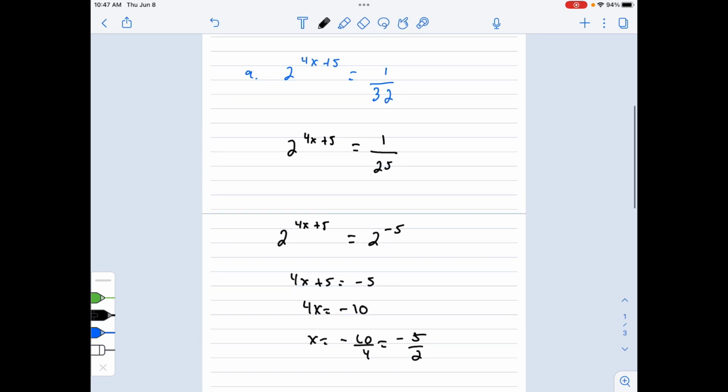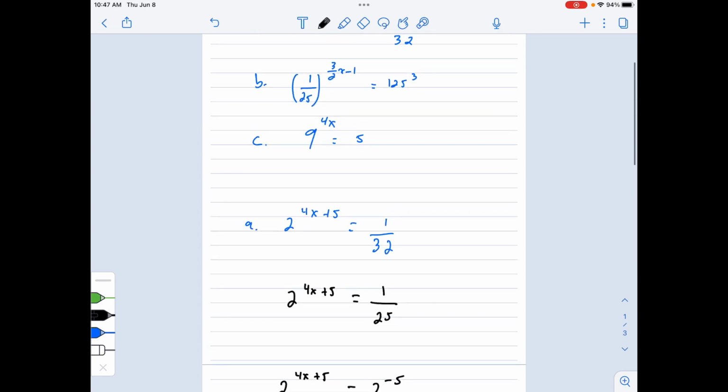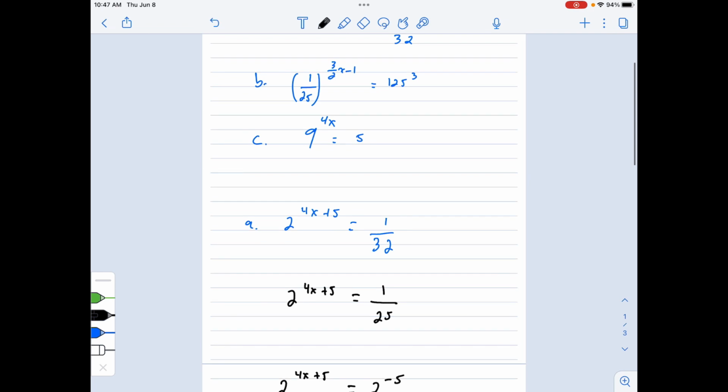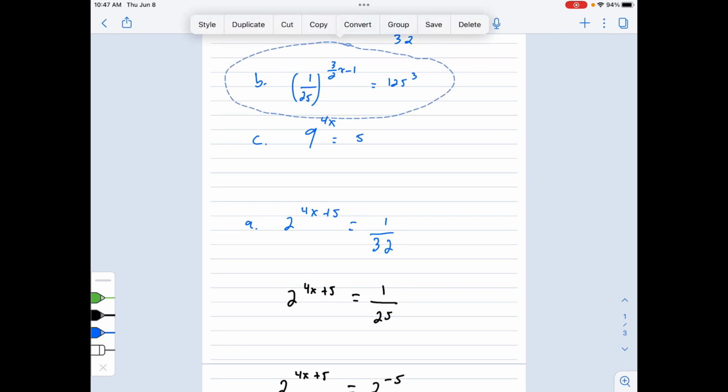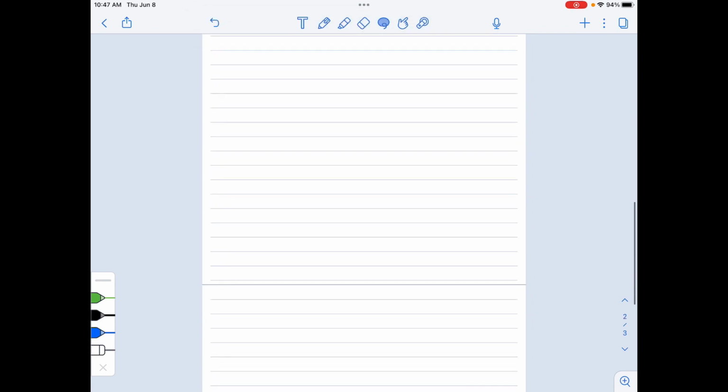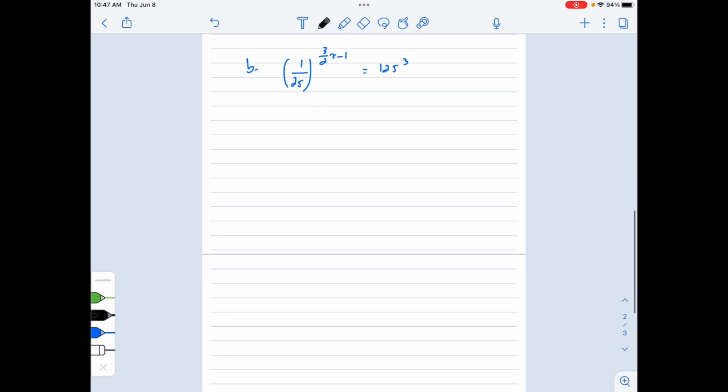All right, so let's try that out with the next question: 1 over 25 to the 3 halves x minus 1 equals 125 to the third. I'm going to copy this and paste. The first thing is to make sure there's nothing attached to the exponents.